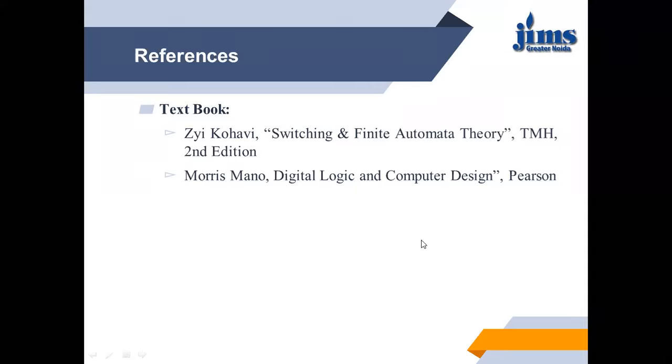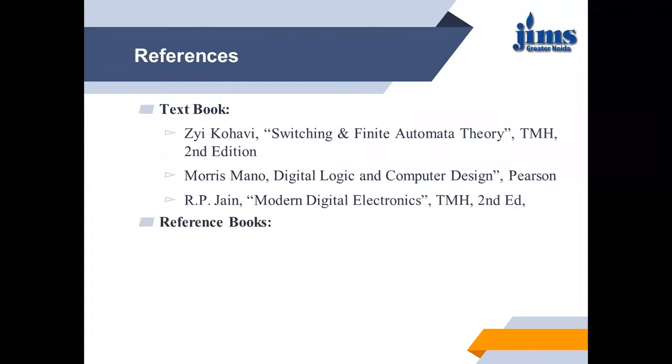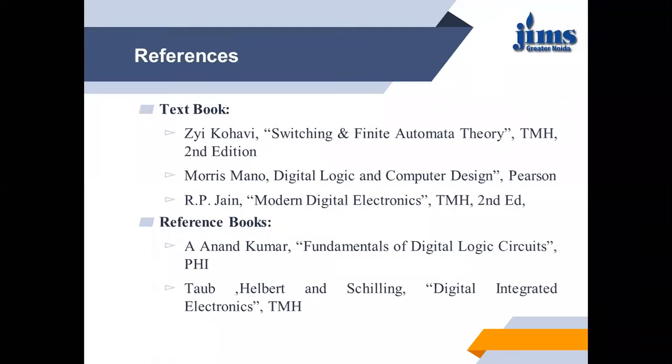Some other textbooks you can refer to are R. P. Jain, Modern Digital Electronics, Anand Kumar, Fundamentals of Digital Logic, and Taub and Schilling, Digital Integrated Electronics. But in my opinion, if you are going to purchase a book, then it is Morris Mano, Digital Logic and Computer Design. That will be sufficient.